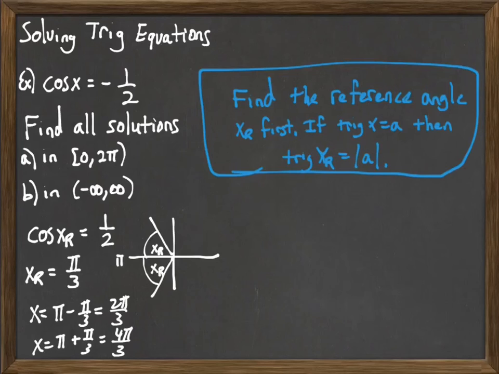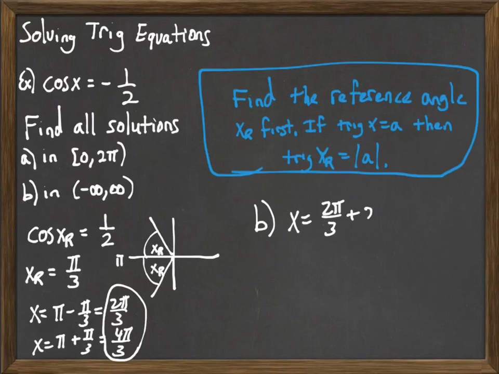Now, to find all the solutions, we first find all the solutions between 0 and 2 pi. And then we write them out, remembering that cosine is cyclical. It repeats every 2 pi units. So we can write 2 pi over 3 plus any multiple of 2 pi, so 2 pi k, where k is some integer.